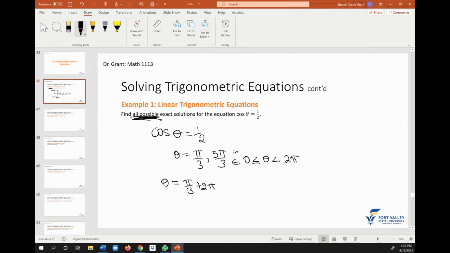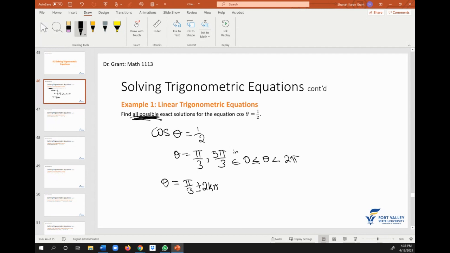So all angles that have that terminal side of pi over 3 will be a solution here. And really, it's plus or minus, and it doesn't have to be just 2 pi.